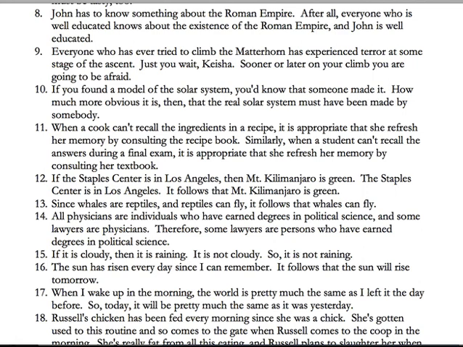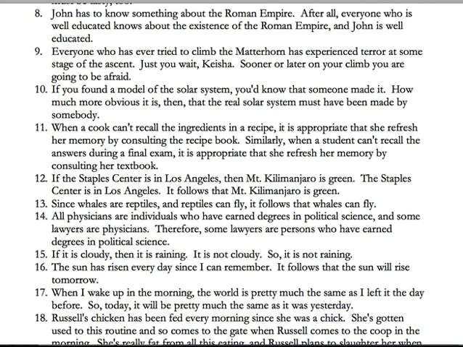Although it's not obviously a conclusion indicator word, it serves in this particular context as an alert for the conclusion: the real solar system must have been made by somebody. We've got a comparison here, a comparison between a model of the solar system from which we would infer a designer, to the real solar system from which we infer a designer.